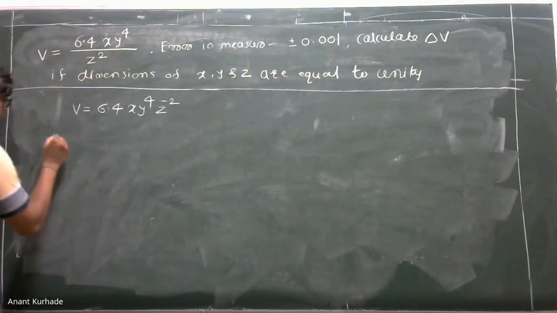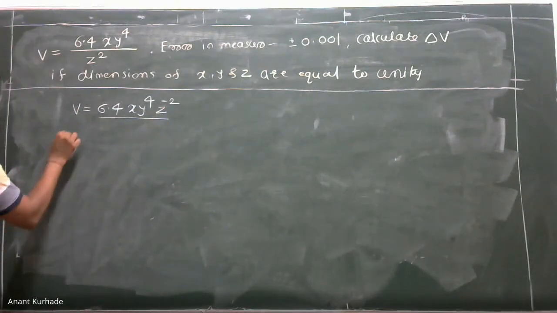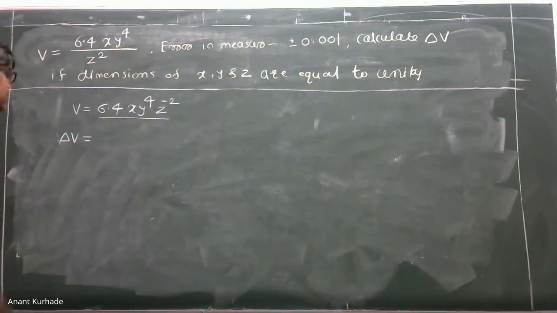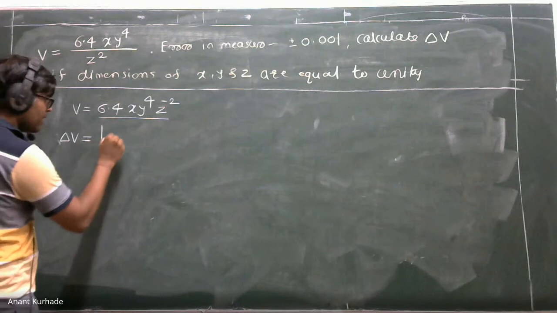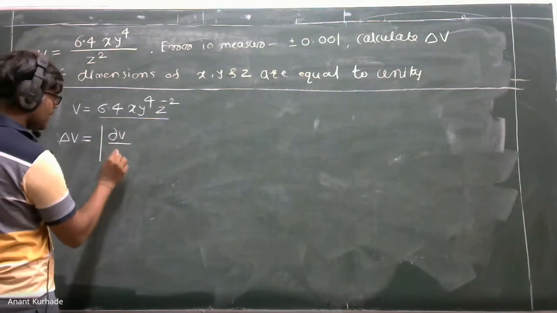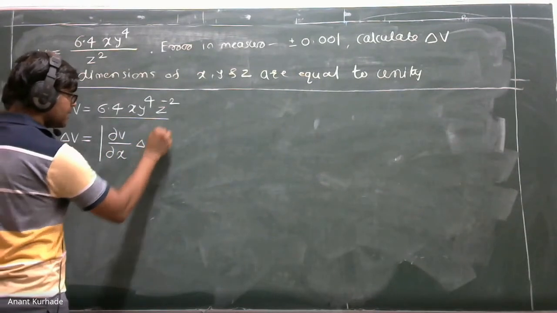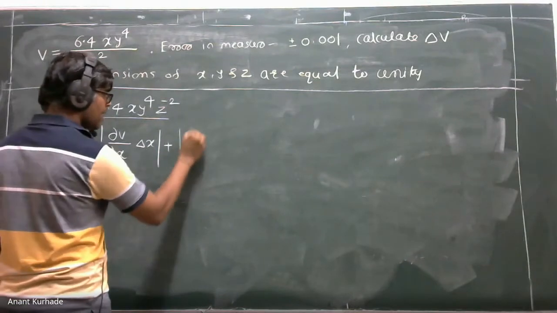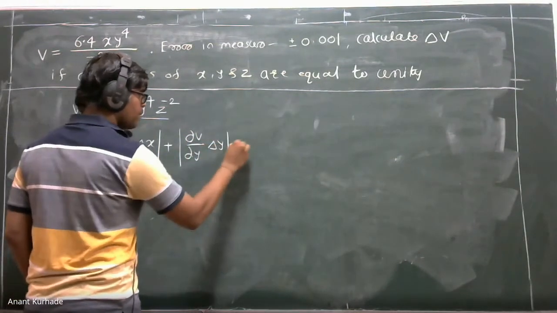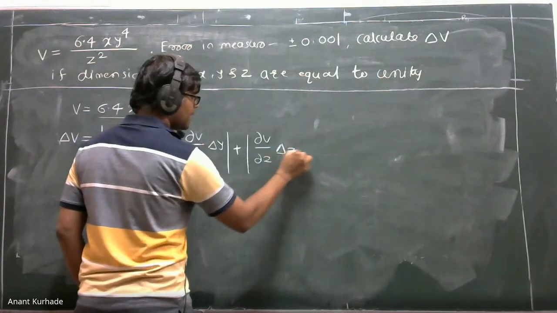Now, in a single stroke, you can directly write delta V is equal to the mod of partial V with respect to x into delta x, plus partial V with respect to y into delta y, plus partial V with respect to z into delta z.